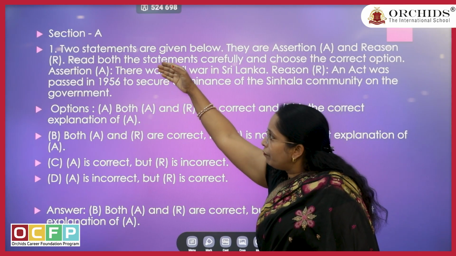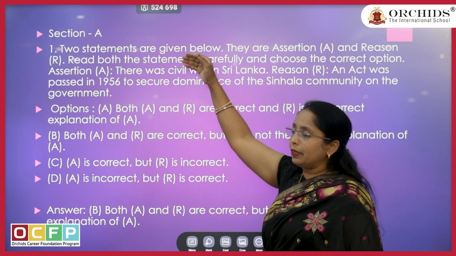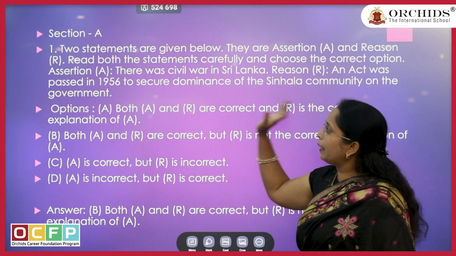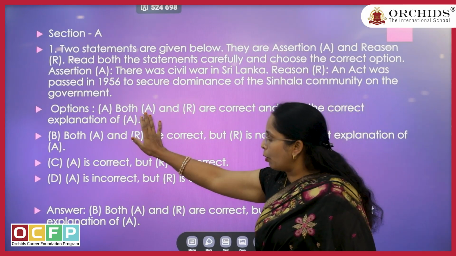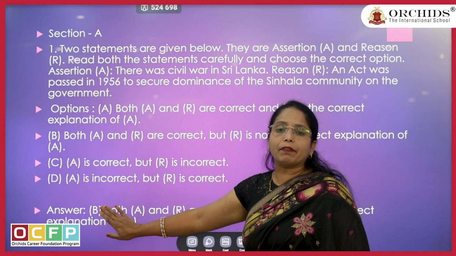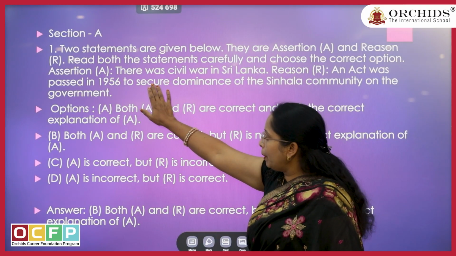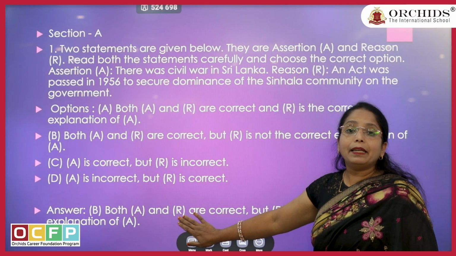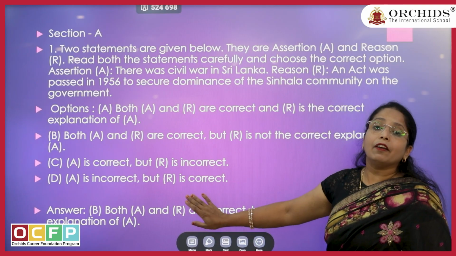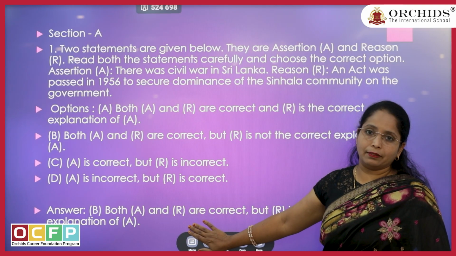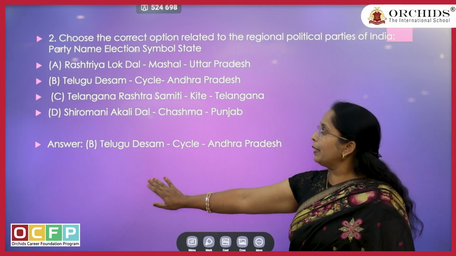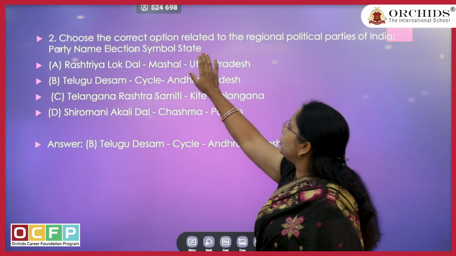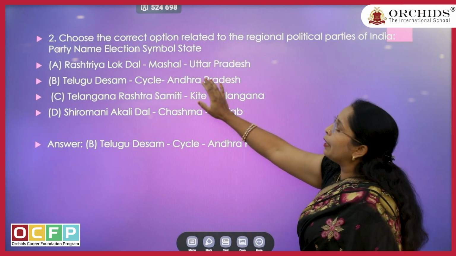After reading both the assertion and reason, what will be the correct option? See here, B will be the right option. Why? Because both A and R are right, but the reason doesn't have any connectivity with the assertion.